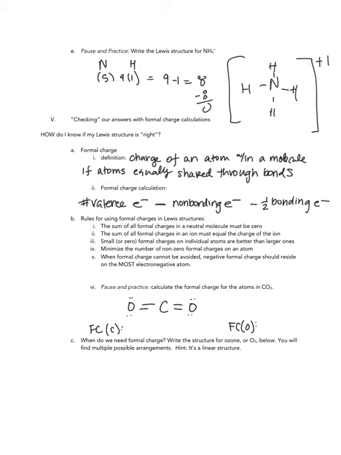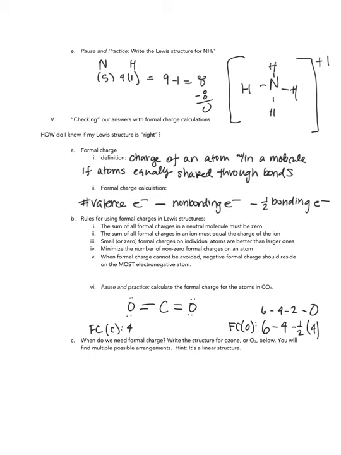So for oxygen, we start off with 6 valence electrons. We subtract the 4 electrons that are non-bonding electrons that are hanging out in the lone pairs, minus 1/2 times the number of electrons in bonds, which is 4. That gives us 6 minus 4 minus 2 equals 0. Then for carbon, we start with 4 valence electrons.